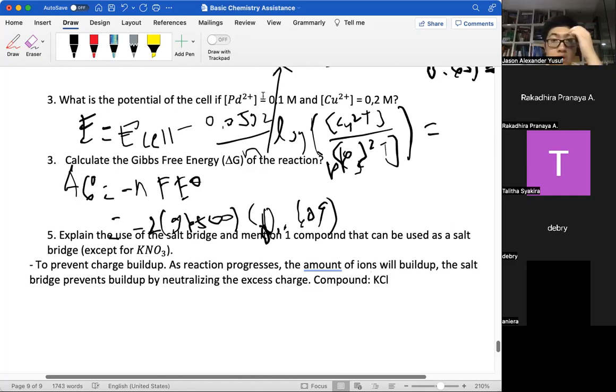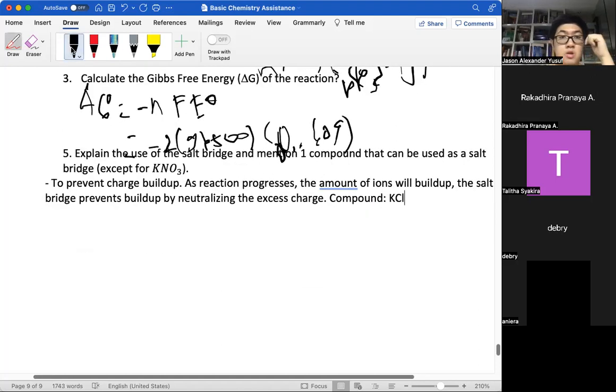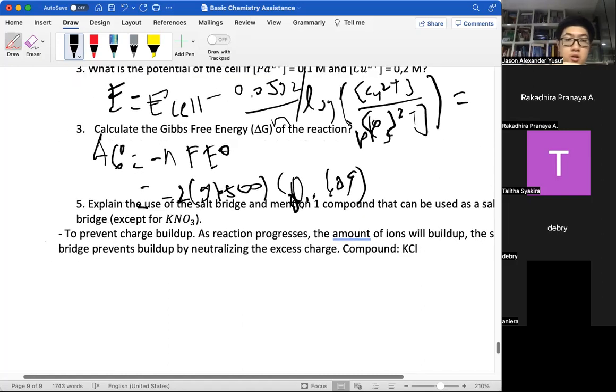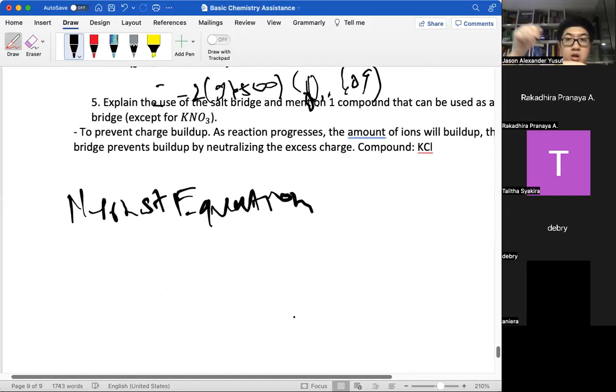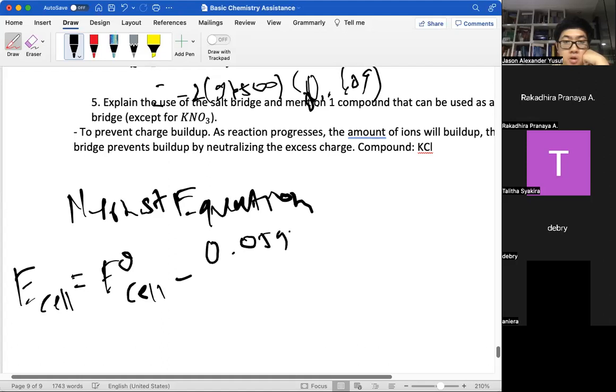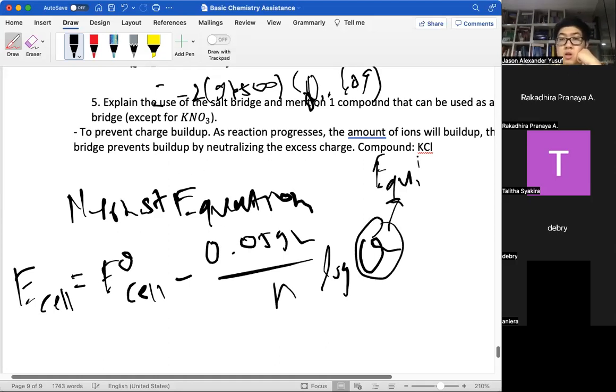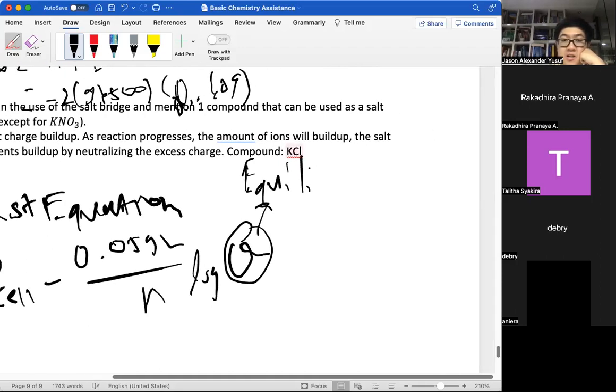Okay guys, what is the formula for number 3? That's the Nernst equation. So if you look in your textbook, try looking up the Nernst equation. Sorry, the writing isn't very good because of the writing pad. So this is E cell equals E standard cell minus 0.0592 over n log Q. This is the general formula. This Q is your reaction quotient, which is why I taught equilibrium earlier.